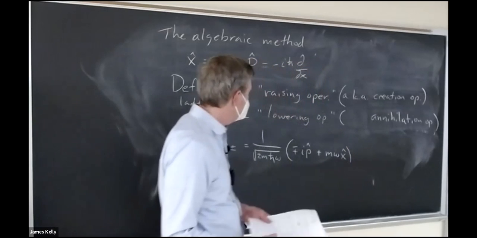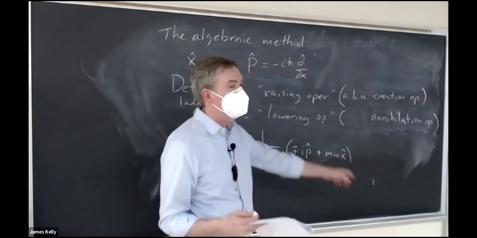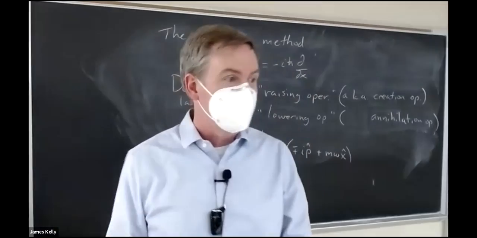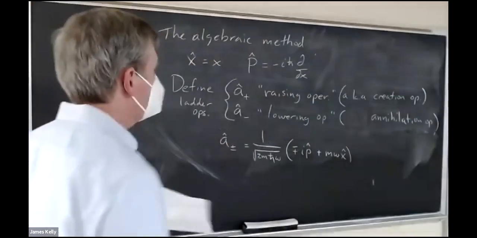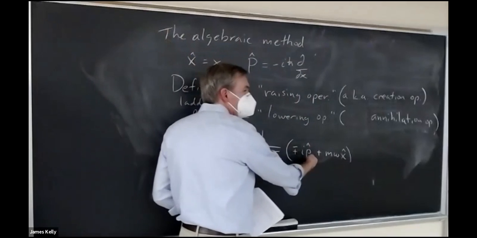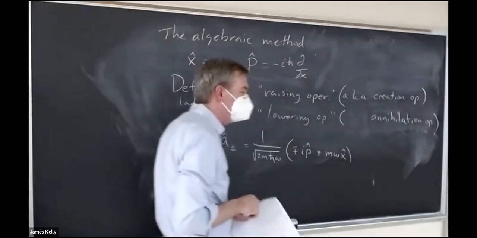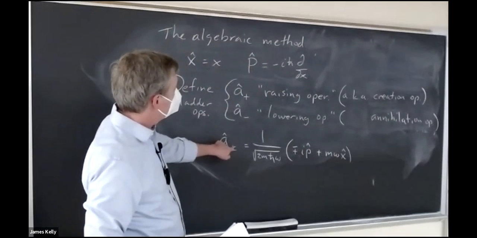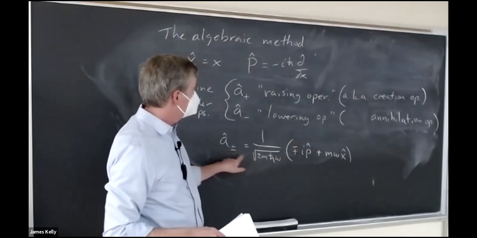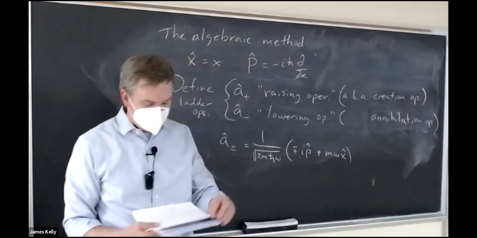So each one of these is just a linear combination of the position and momentum operator. It's a function of x plus a derivative with respect to x with some constants thrown in, right? So a plus goes with the minus sign, a minus goes with the plus sign over there.